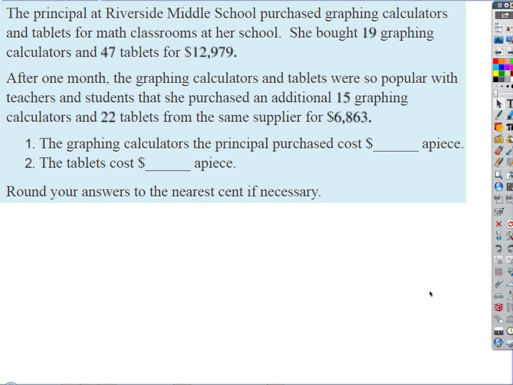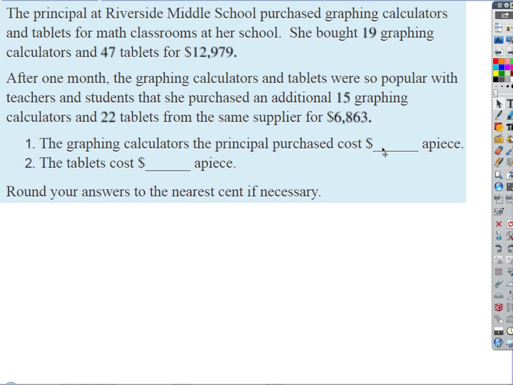She bought 19 graphing calculators and 47 tablets for a grand total of $12,979. After 1 month, they were so popular, she purchased an additional 15 graphing calculators and 22 tablets from the same supplier for $6,863. So the question asks, what's the cost of each graphing calculator and the cost of each tablet?